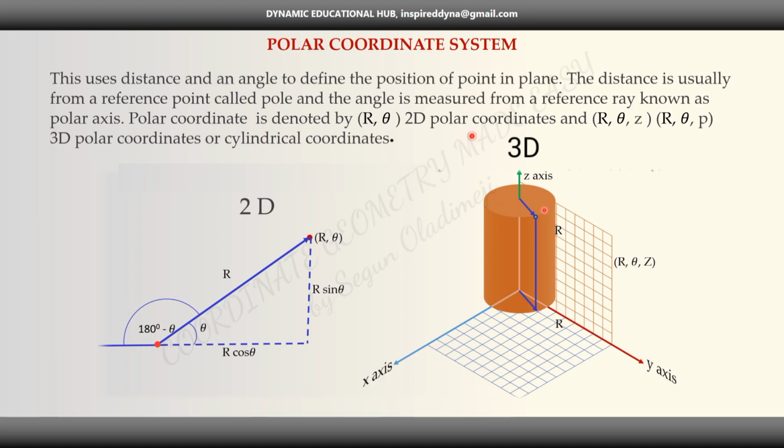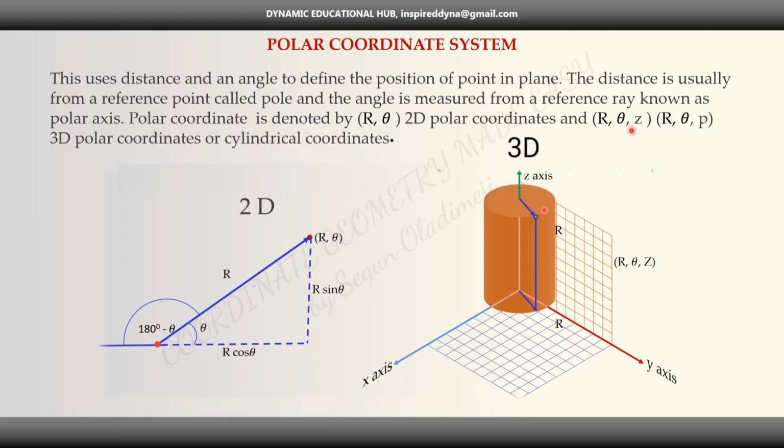Now for the 3D polar coordinate system, we are going to measure three things. The first one is the distance from a reference point, which is known as r. We measure our angle theta from a reference polar axis.